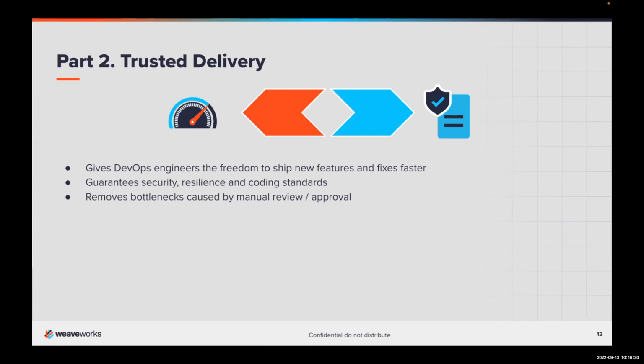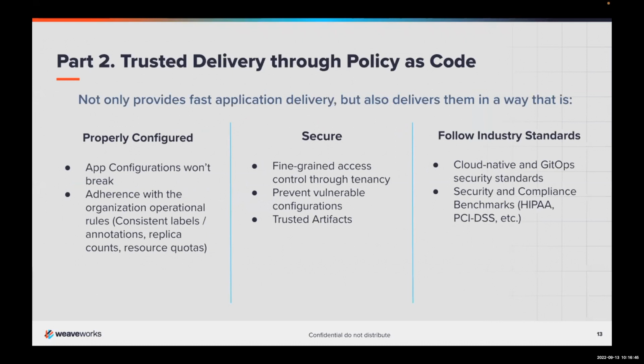It also is going to speed things up, because with the automatic checking of policy as code, we don't need to do as much manual checking. So we don't have that bottleneck of things queuing up, waiting for a manual review and approval. Policy as code is going to work in a number of areas. First of all, we make sure things are properly configured. This is really around the resilience of an application.